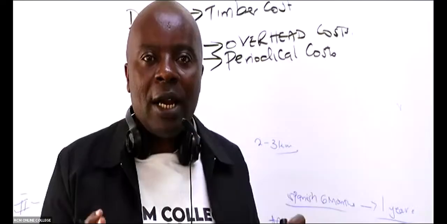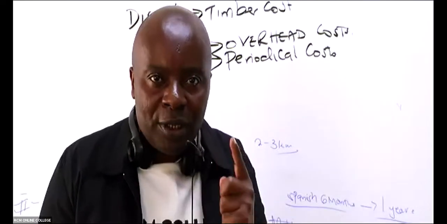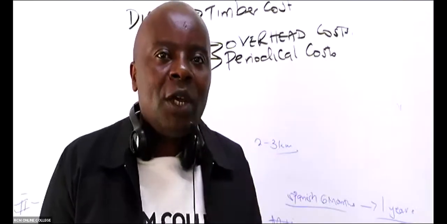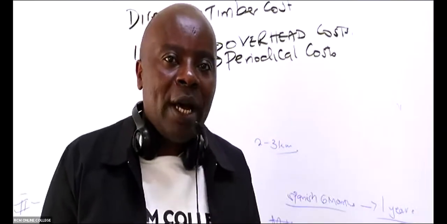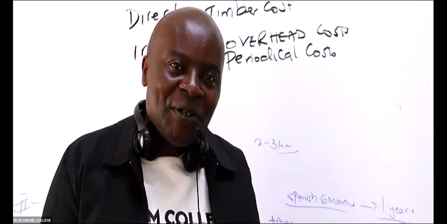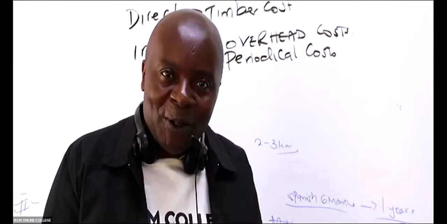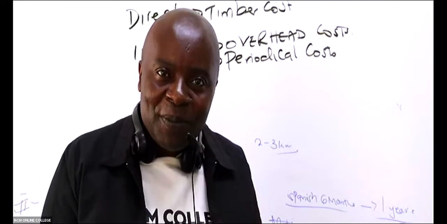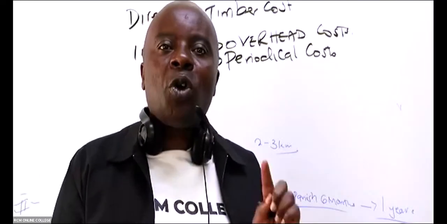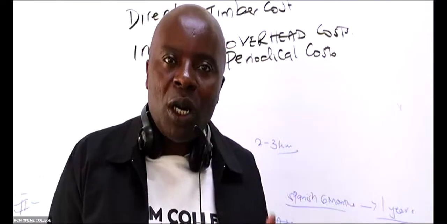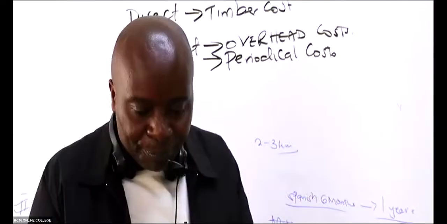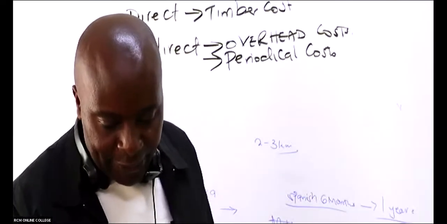If in a whole term I only have one student in that class, can I go and bargain with the landlord, tell the landlord that I only had one student, please reduce the rent for me? No, rent is periodical. It's not product-based. And the periodical costs, all of them, will be put under what we call overheads.